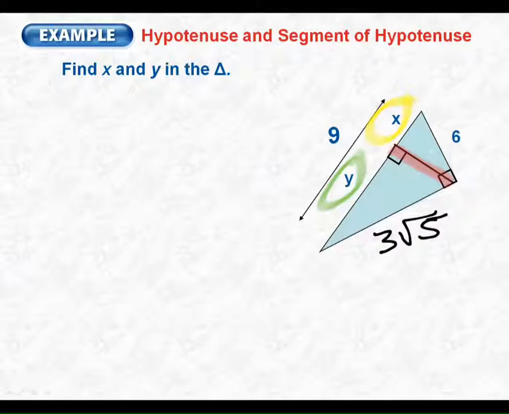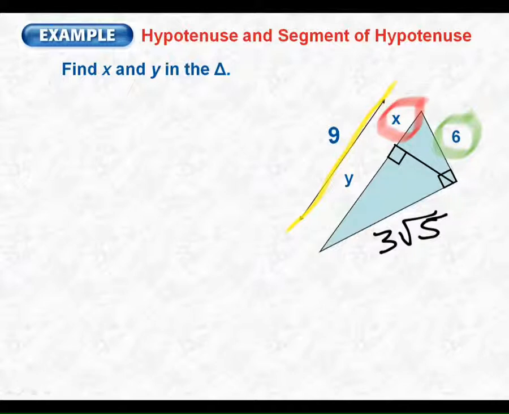The last theorem we did said that this piece is the geometric mean between the whole leg and the piece of the hypotenuse that touches it.